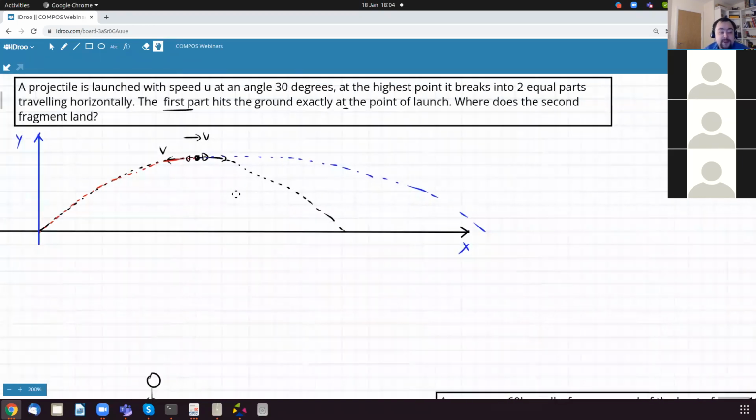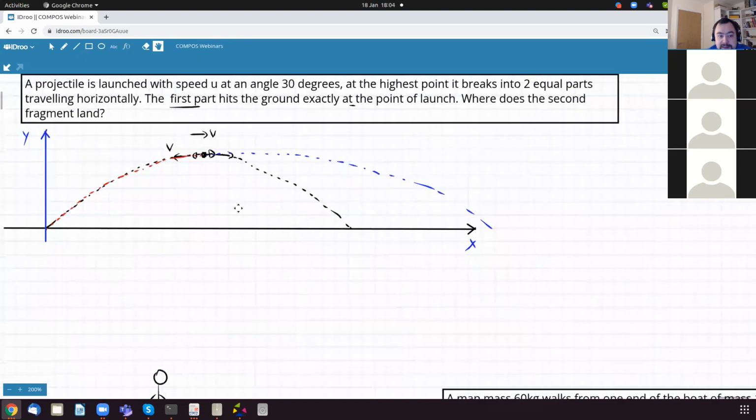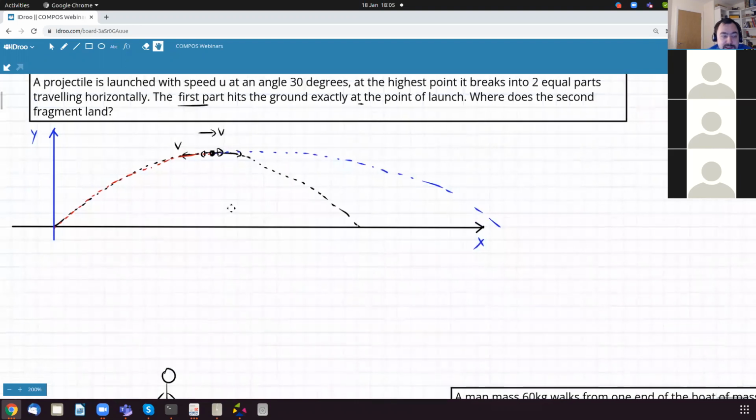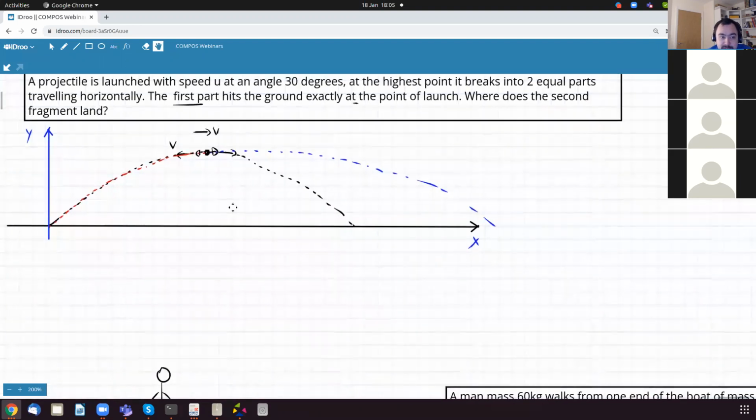Well, we know the theorem of motion of the center of mass, which says that the center of mass of the system travels the same way as the initial system. So the center of mass continues traveling along the black path. So let's label it path of center of mass.